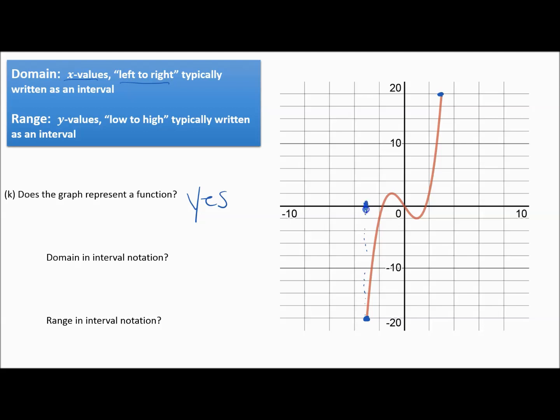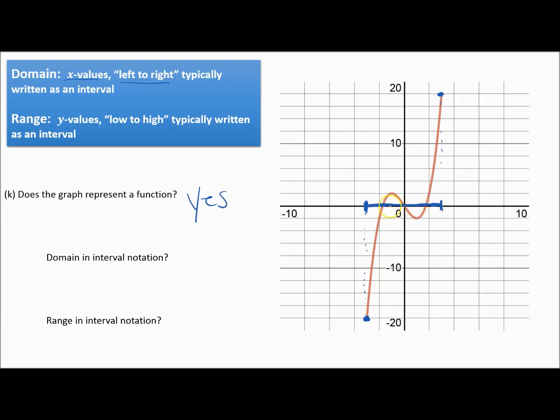So about there. This guy, I'm going to back up and see, and it looks like about there. So the domain is everything in between here and here. There's nothing graphed to the right of that, and there's nothing graphed to the left of that.